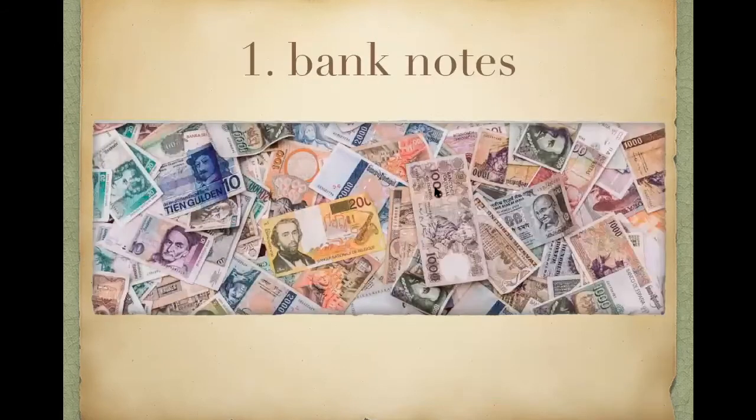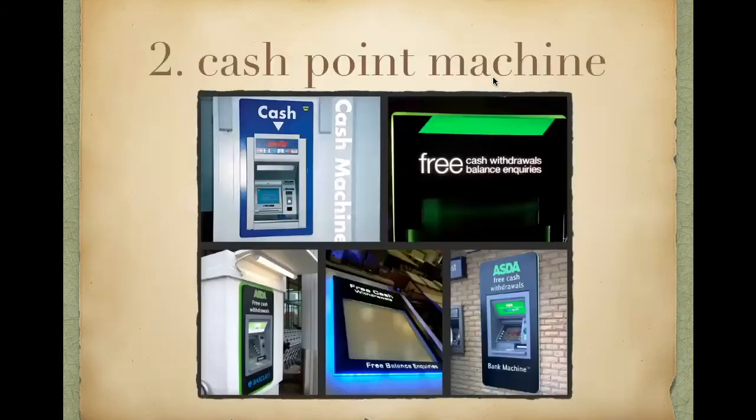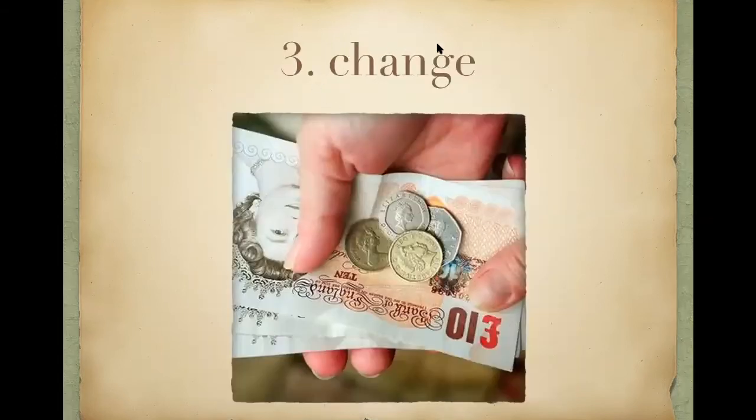For example, banknotes. These are banknotes. Billetes, banknotes. Cash point machine. Here we have the cash point machine. Yes, we have 1, 2, 3, 4, 5, 6 cash point machines. Change, cambio, change.